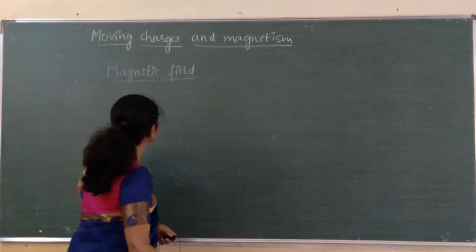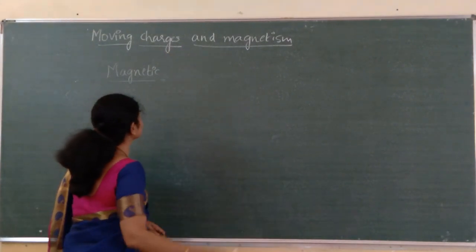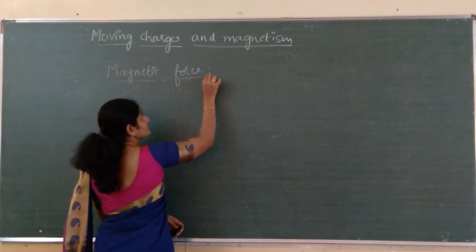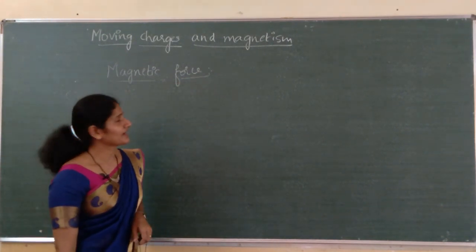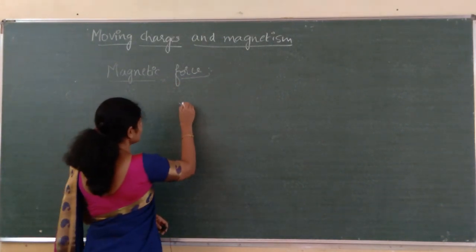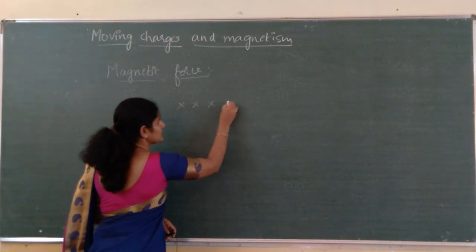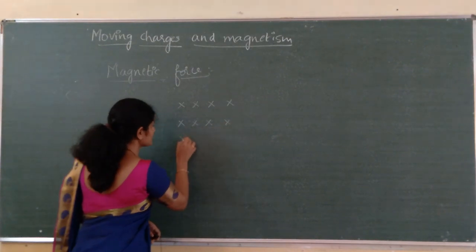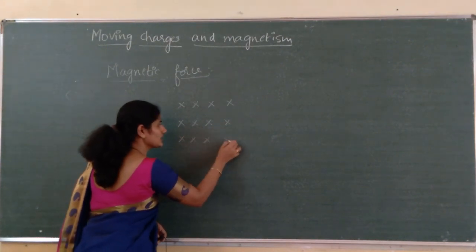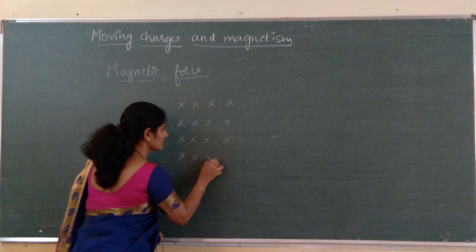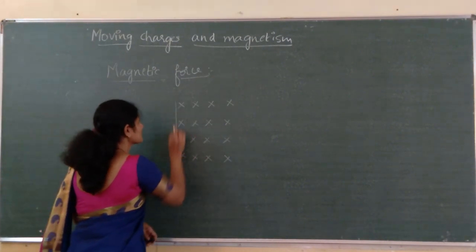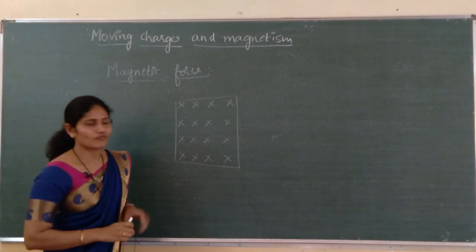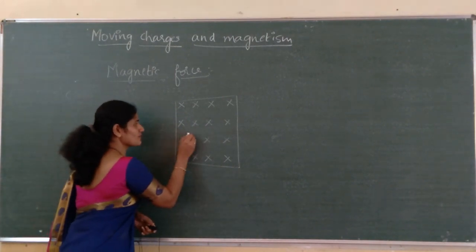Now, let us see what we mean by magnetic force. For that, consider one magnetic field. A cross mark represents that the magnetic field is going into the plane of the paper. So, here there is a magnetic field.